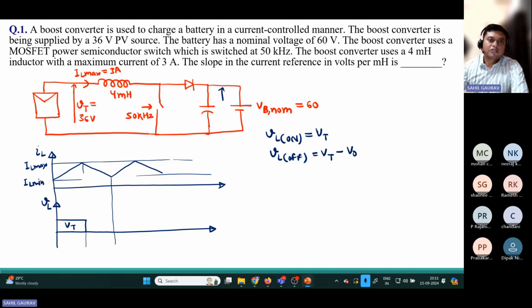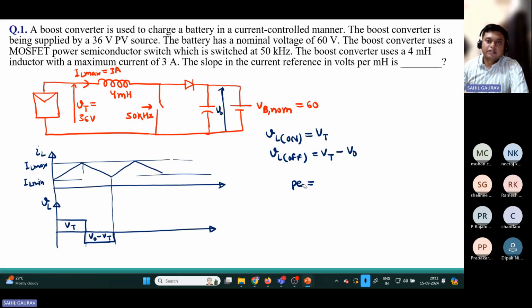So you can also make it V naught minus Vt. So the slope of current difference during turn on time will be what?